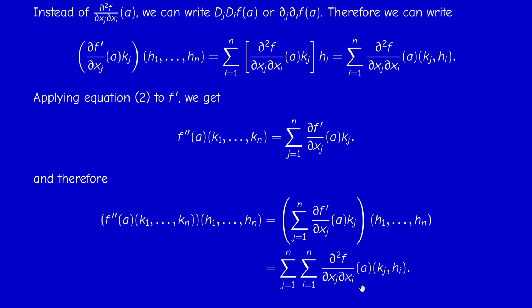Now I can of course interchange the order of the summation, because addition is commutative. But you have to be a little bit careful when interchanging the order of derivatives, as we shall see.